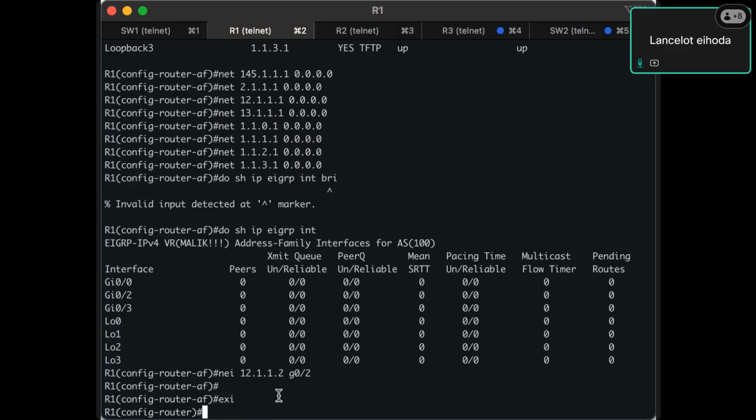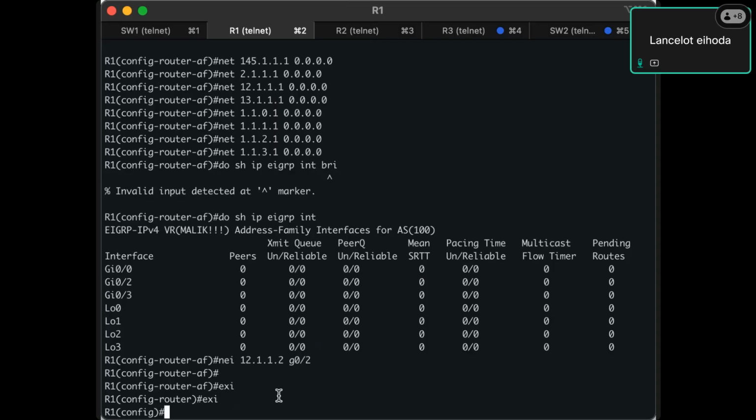And then let's create, for 200, router EIGRP. Let's name it after Salem, and because we are doing EIGRP 200 here, let's name it 200 so that we would know.